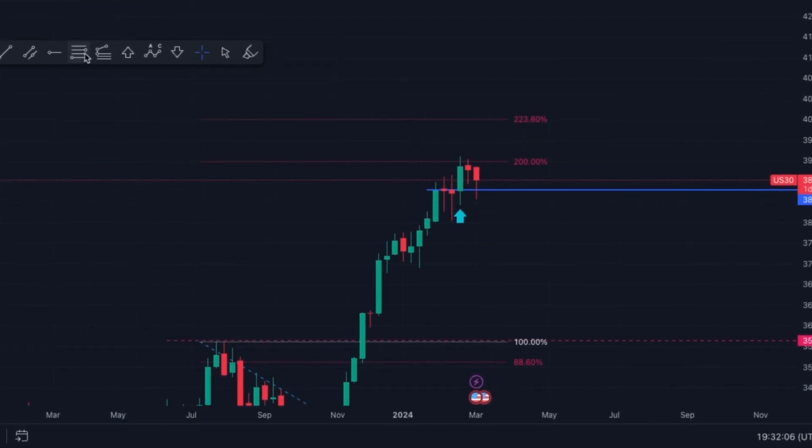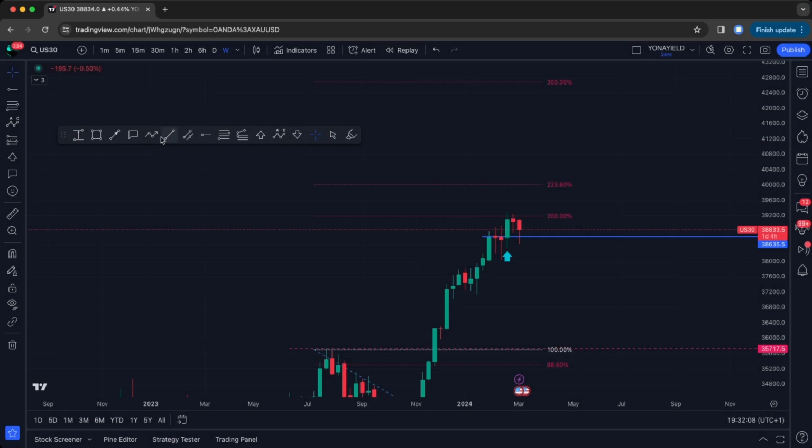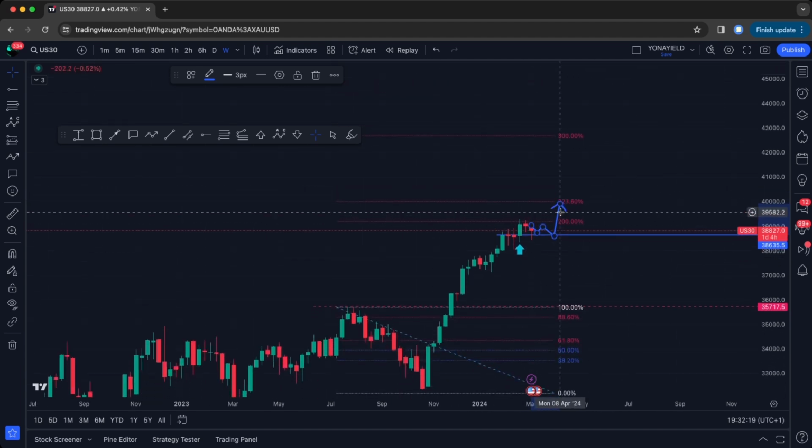So I'm expecting some bouncing around there, and then maybe next week or the week after that again this move to the upside, with the trend overall. So this is what I'm expecting here.